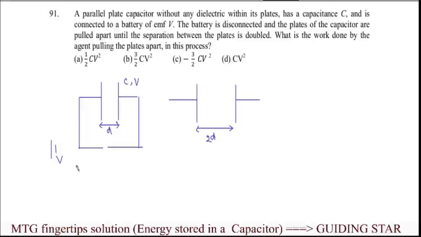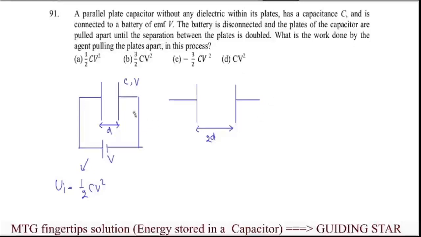When the battery was connected, the initial energy will be nothing but half CV square. We could have used other formulas, Q square by 2C or half QV, but here options are given in the form of CV square, so we will be using this formula. So the initial energy of the capacitor will be half CV square.